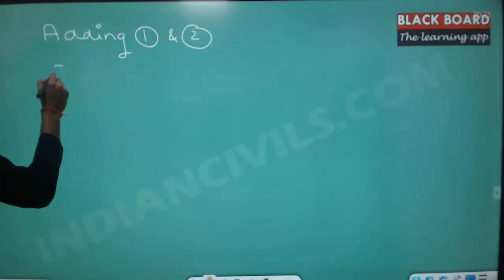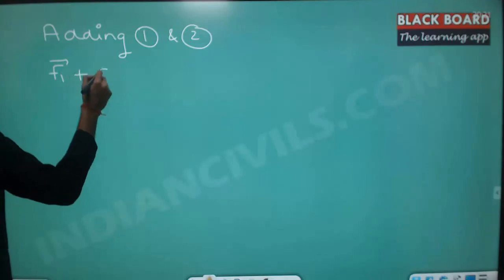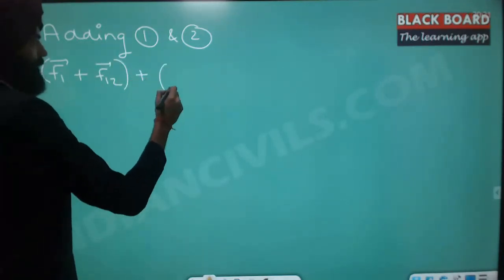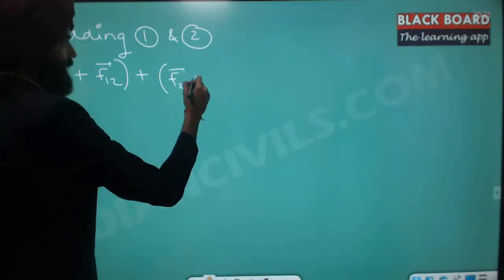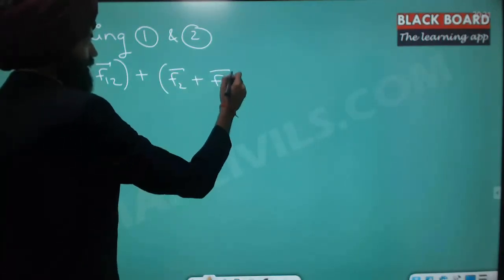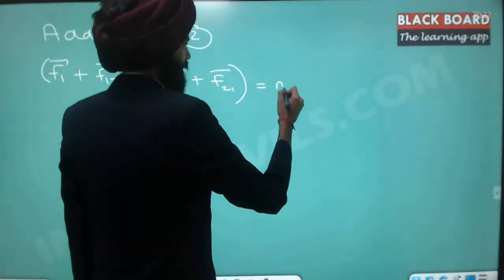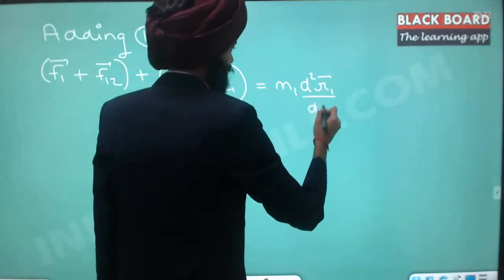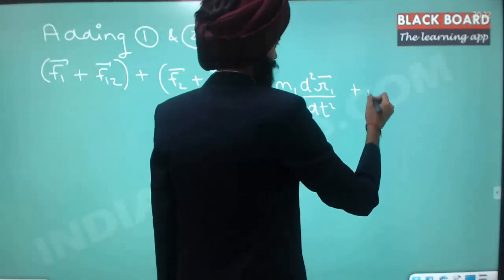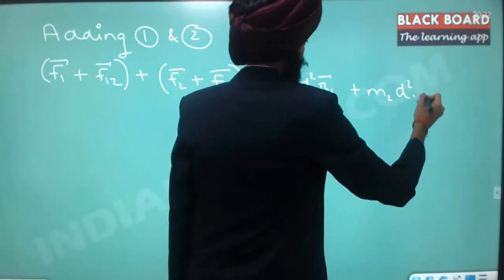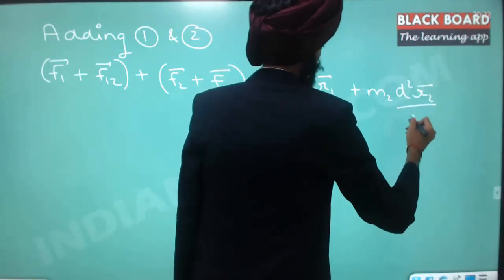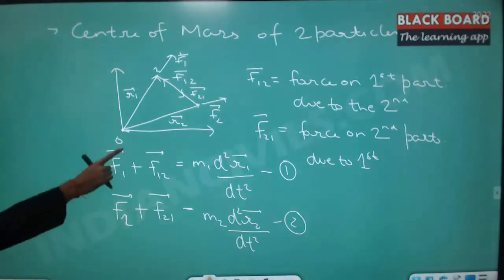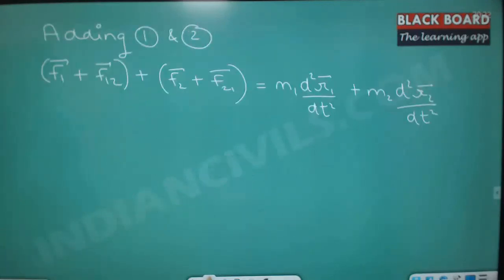So we have F1 plus F12 plus F2 plus F21 equals M1 times d square R1 upon dt square plus M2 times d square R2 upon dt square. Okay, so we have added these two equations and then we equate.